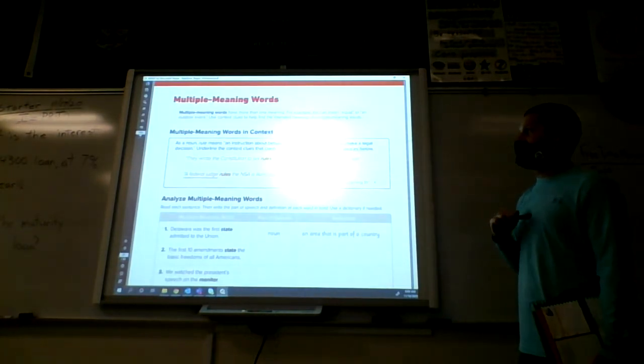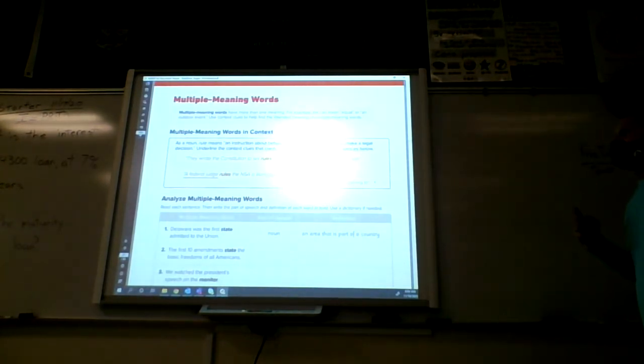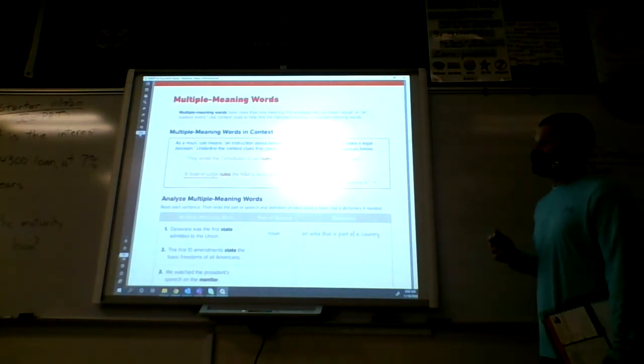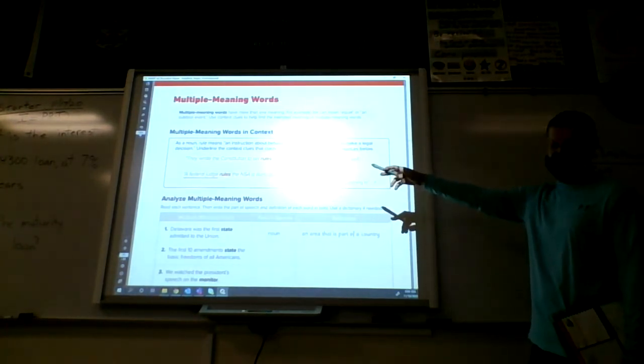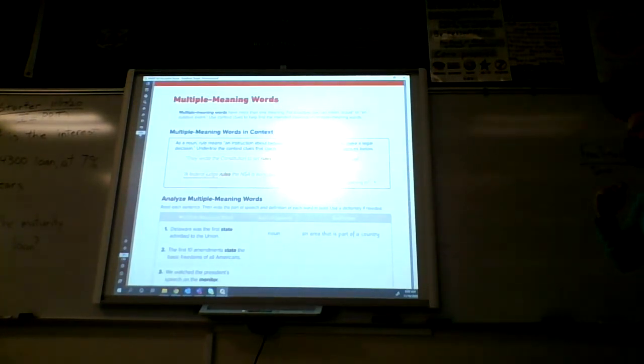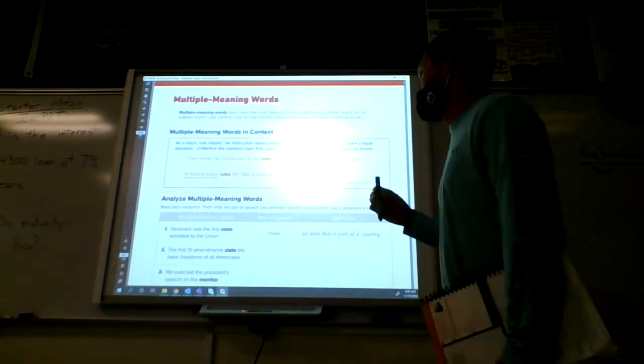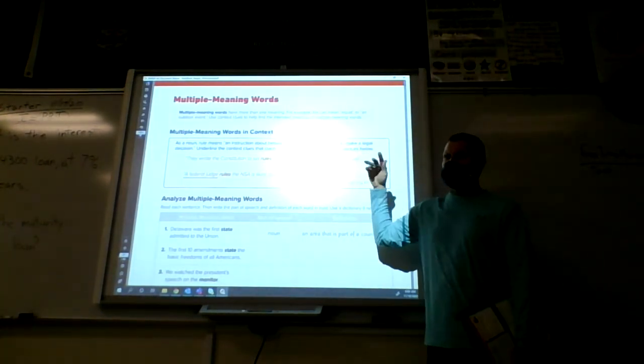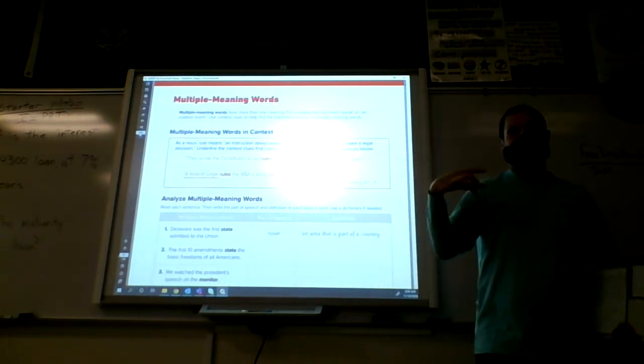Okay, so we're going to underline context clues that clarify the meaning of rules in the sentence below. The example did it for us, but we'll go through this. They wrote the Constitution to set rules for how the United States governs itself. If I didn't know what rules were, I could take the word governs, and that helps me figure out that rules are something that tell you what to do.